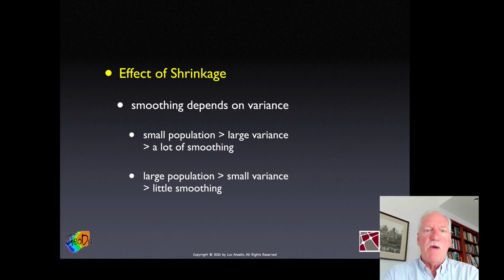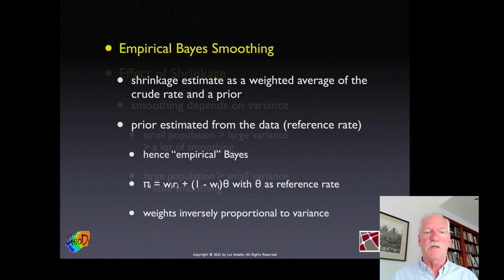So if you have a large population, the variance will be small, and in the weighted average, all the weight will be on the original crude rate, the original estimate. But if we have a small area, then the variance will be large, the variance of the initial crude estimate. And so then the weighted average will favor the reference rate. So we are shrinking the estimate of the risk towards the reference rate. That is the effect for small areas.